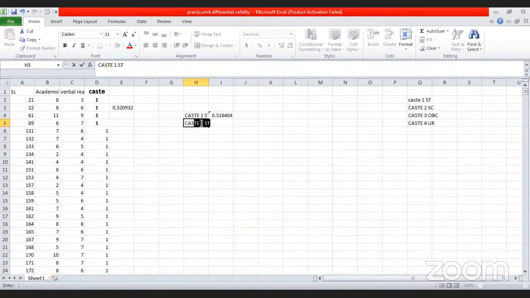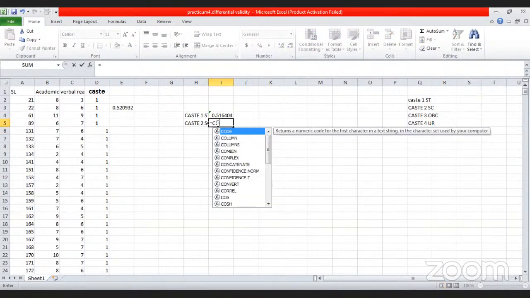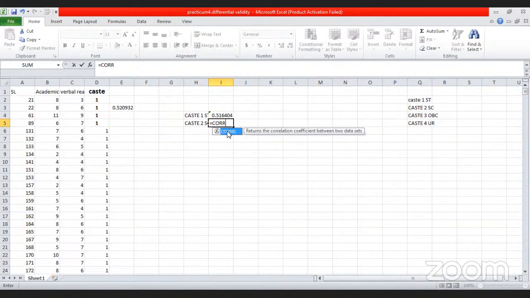Now for caste 2, that is SC. So I will select from the 2.